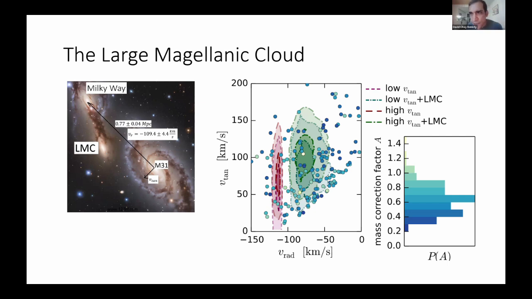An earlier paper by Eugene et al., I need to put the reference in later, tried to find the corresponding Milky Way and Andromeda without the LMC. What do I mean by this? It is possible to integrate backwards in time the Large Magellanic Cloud, from its infall into the Milky Way and Andromeda, and then integrate back without the LMC.